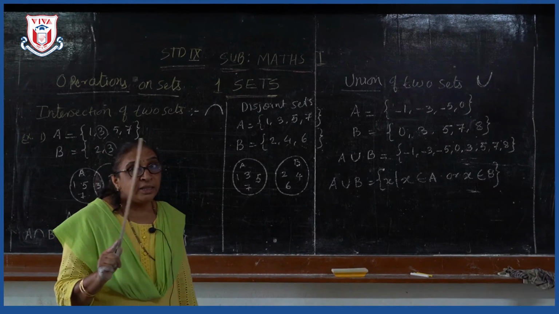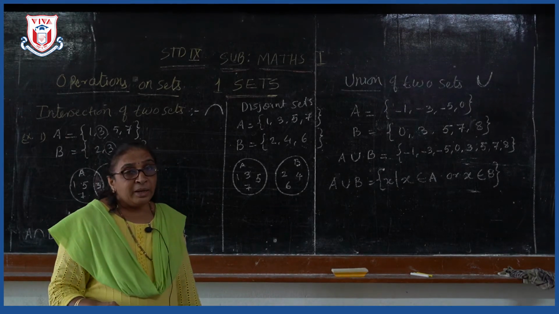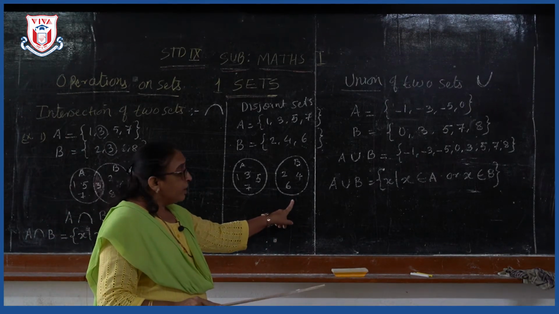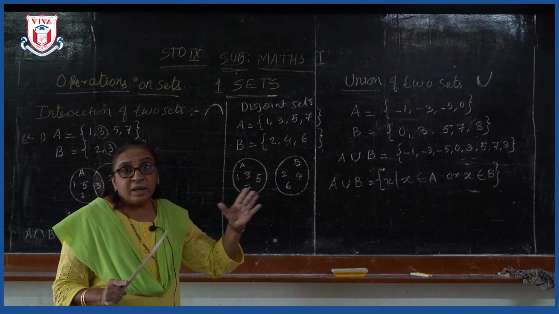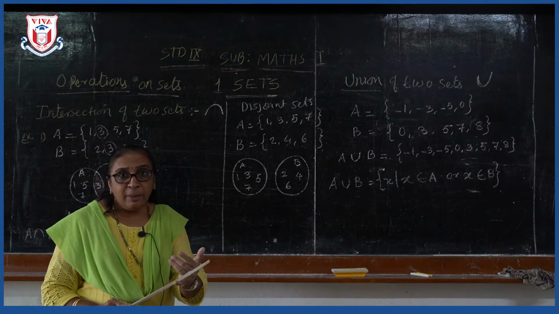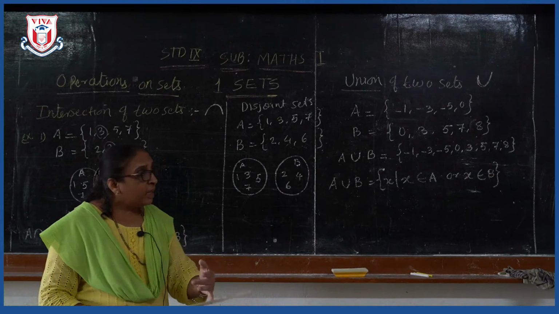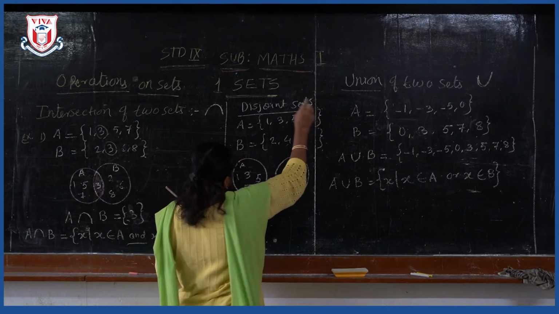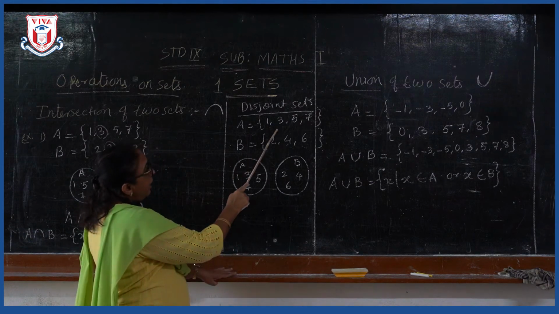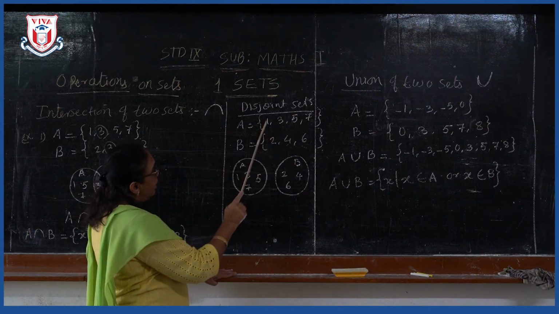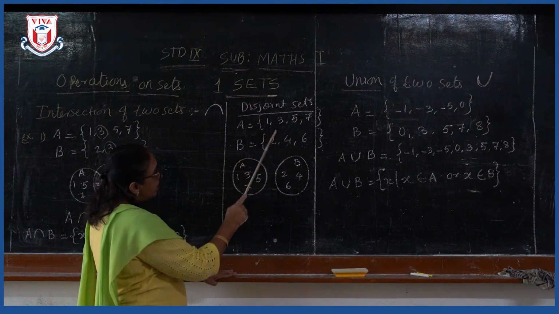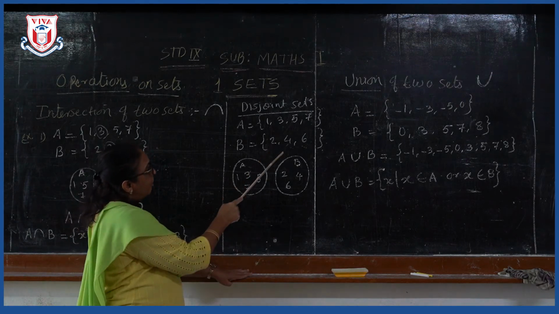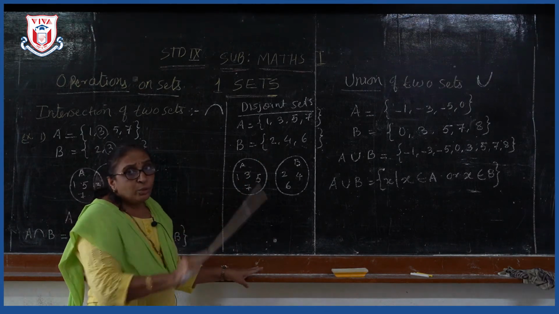Now, disjoint sets. Whenever the intersection of the sets has no element, that means null set, then they are called disjoint sets. See this, A is 1 3 5 7 and B is 2 4 6. Is there any element common in these two sets?